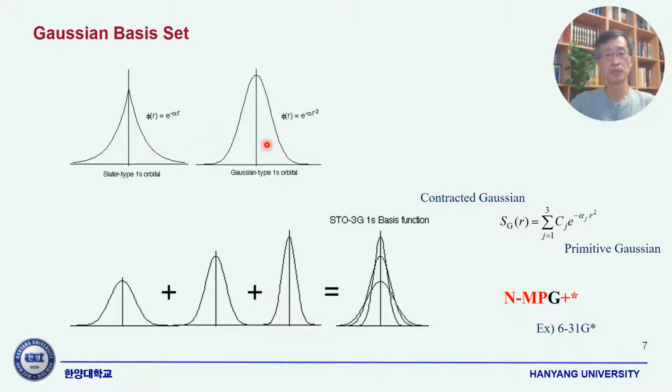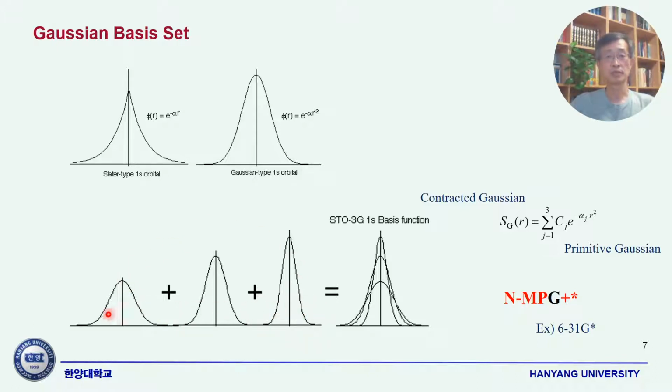To improve this, we use many Gaussians. In this case, they use 3 Gaussians to make a linear combination. We call this a Slater type orbital with 3 Gaussian functions. So even for a 1s basis function, we combine 3 Gaussian functions.